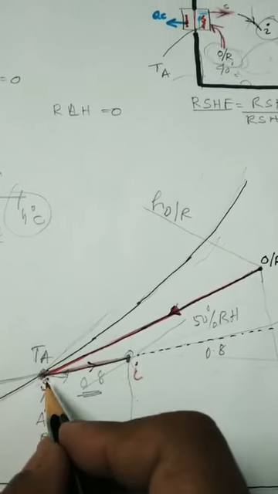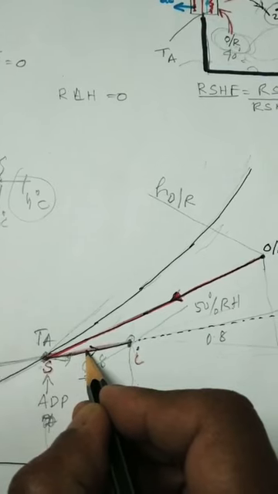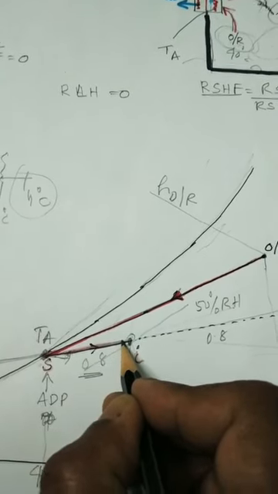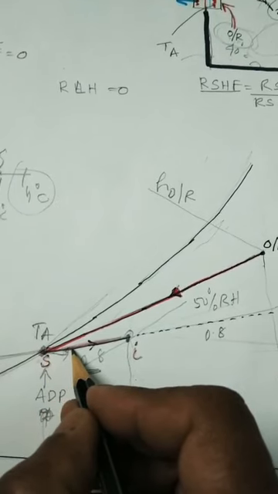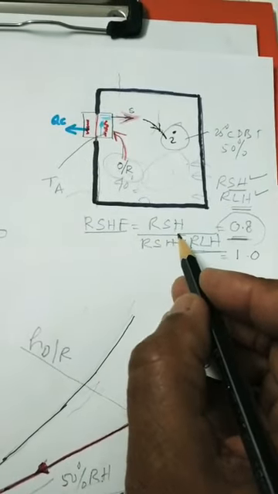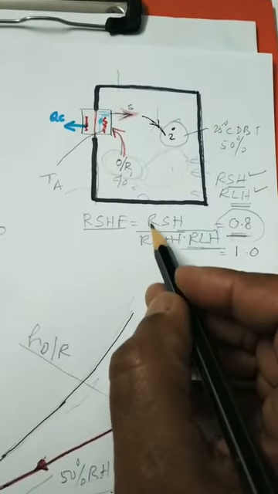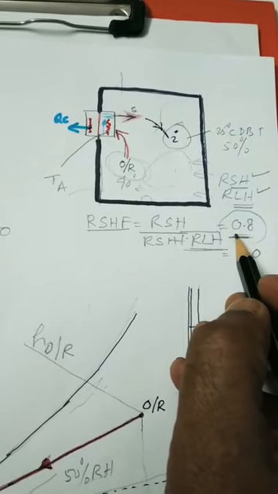You see? So S condition will gradually increase in humidity and increase in temperature. The supplied air will gradually increase in humidity and temperature as it takes the room sensible heat load and room latent heat load in such a manner that this formula of 0.8 is satisfied.